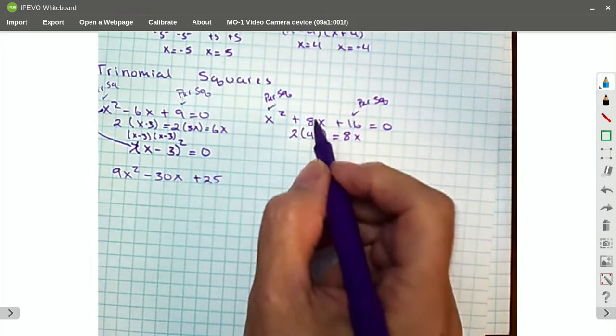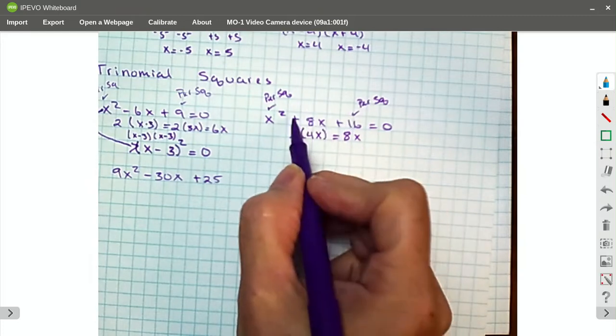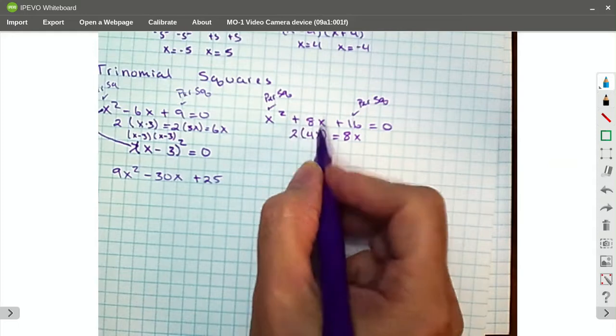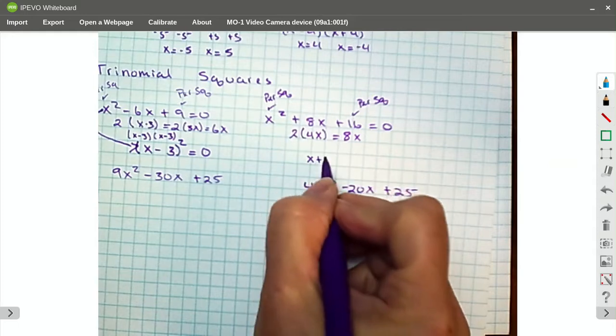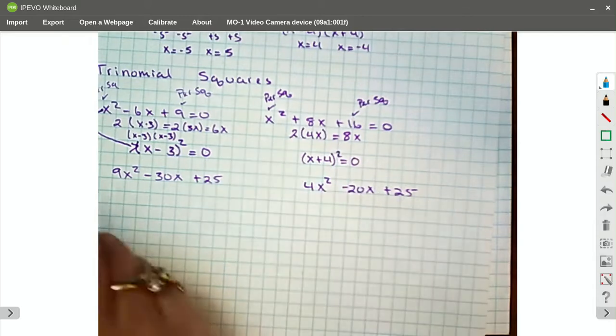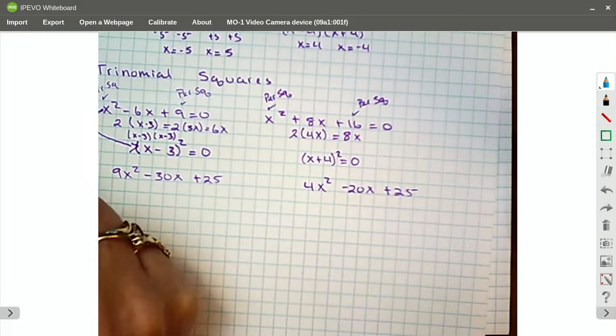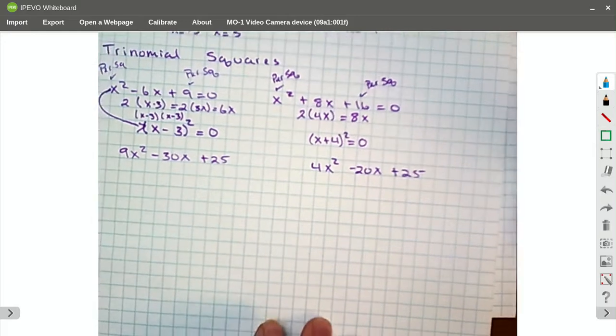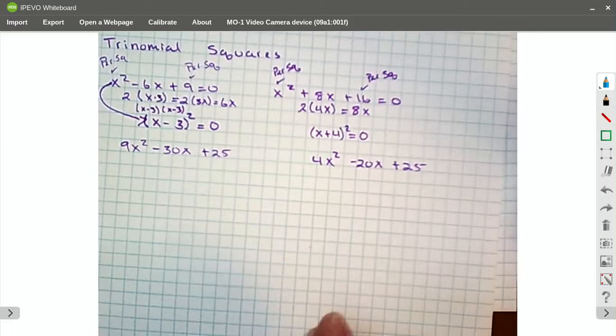So what is that going to factor down to every single time? My b is positive, so x plus 4 squared equals 0. Just a nice, quick, easy way of factoring, right?